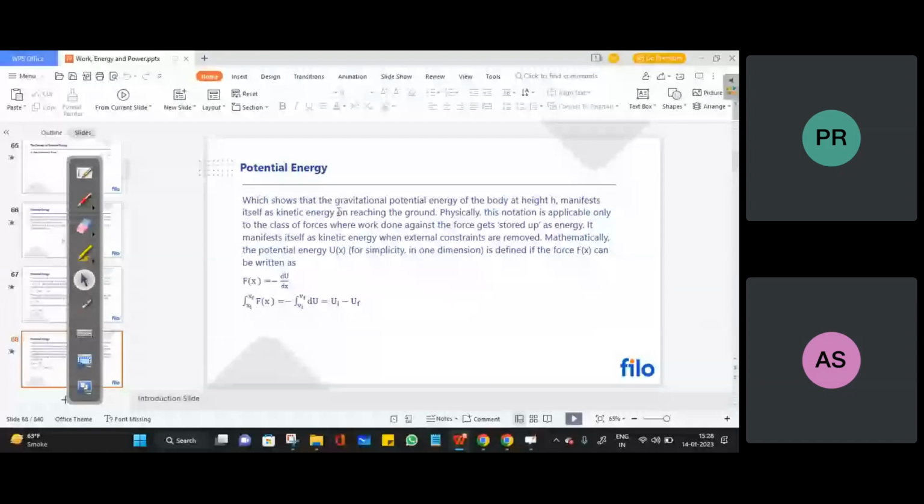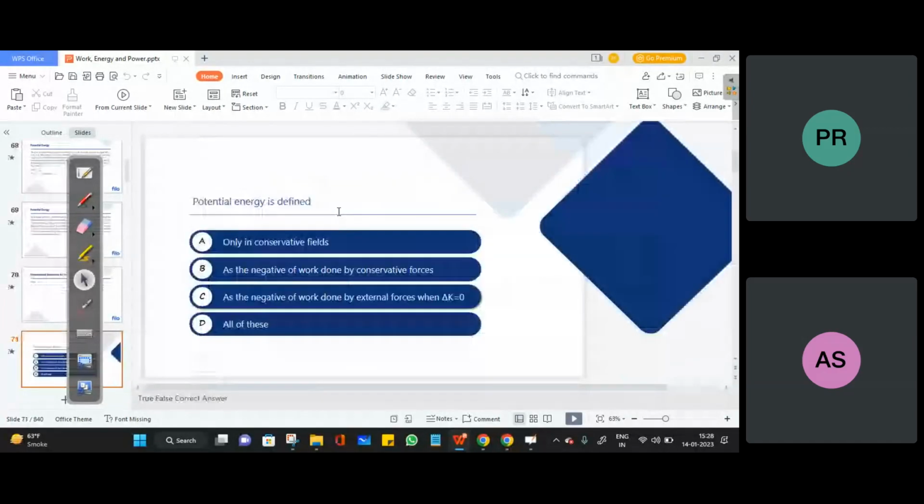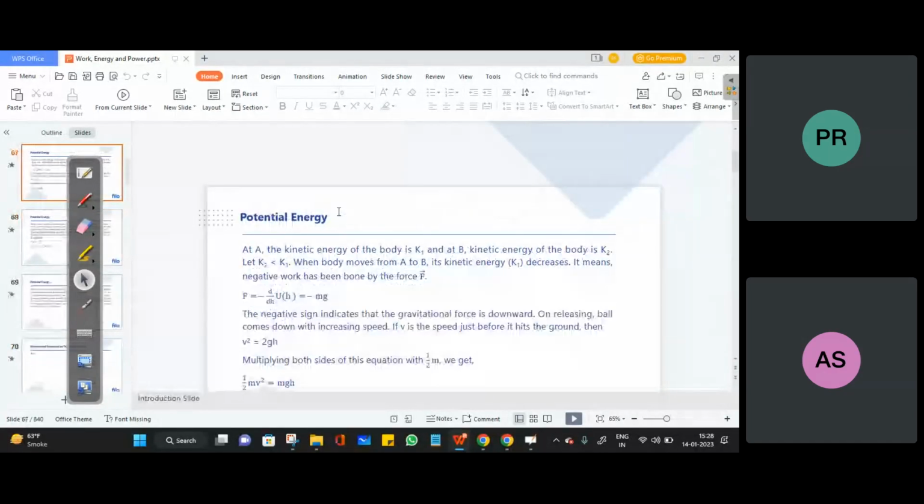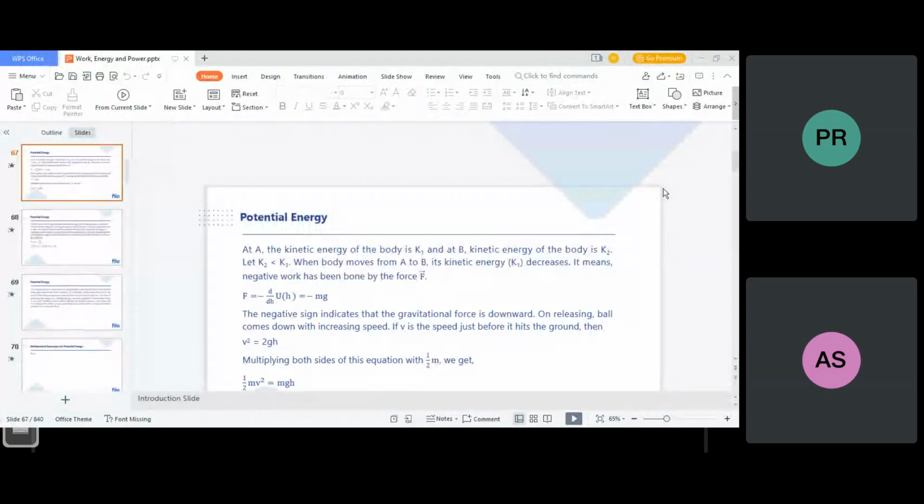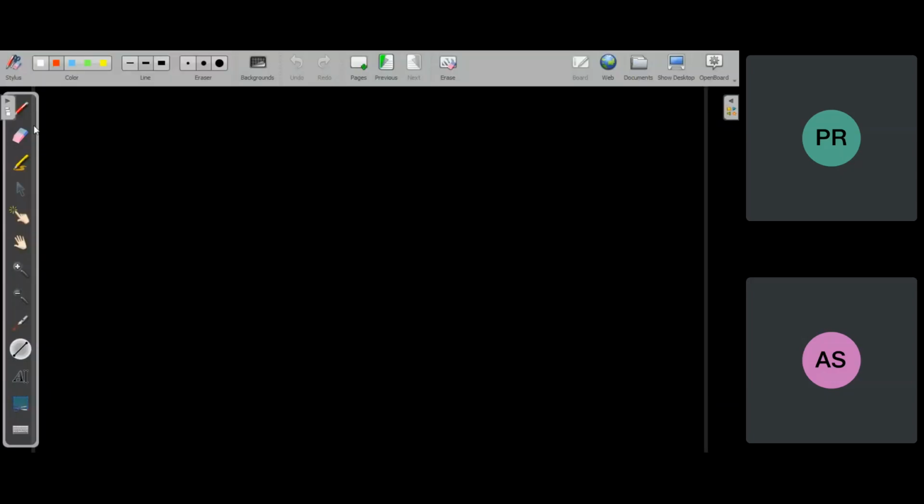Now comes the most important thing here, which gives a relationship between the potential energy and the work done by the conservative force, and this is the fundamental of understanding all potential energy.